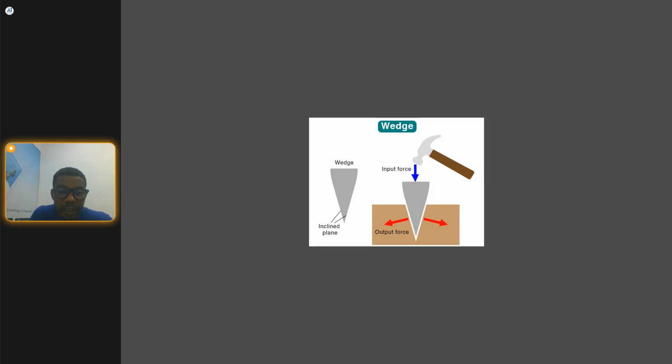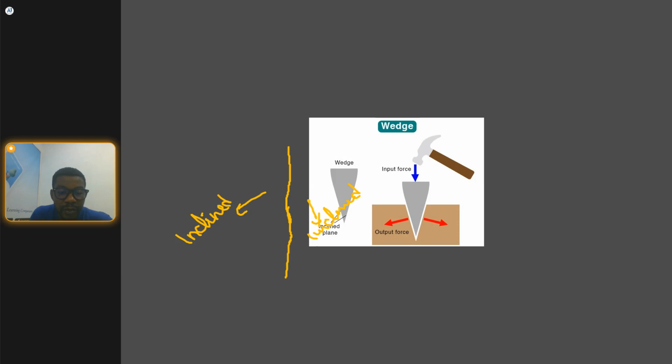This is the wedge. If I'm to dissect this into two, trying to divide this into two, now I have this is an inclined plane. This is another inclined plane. So two inclined planes joined together, combined together, form the what? The wedge. So the two joined together forms the wedge.